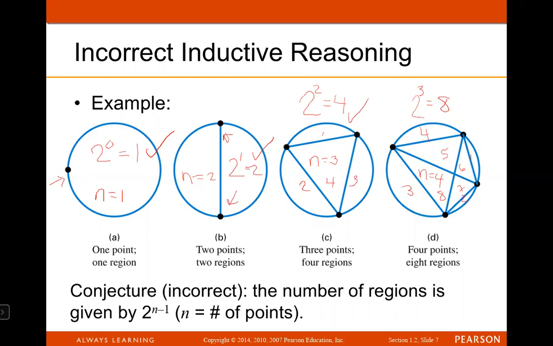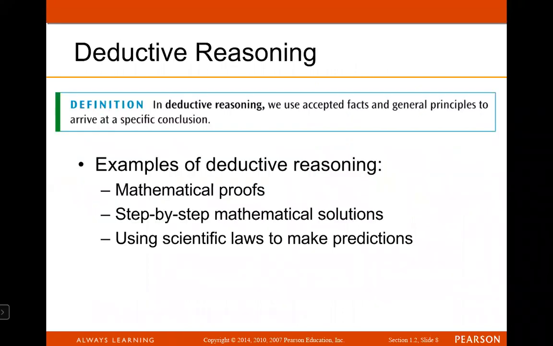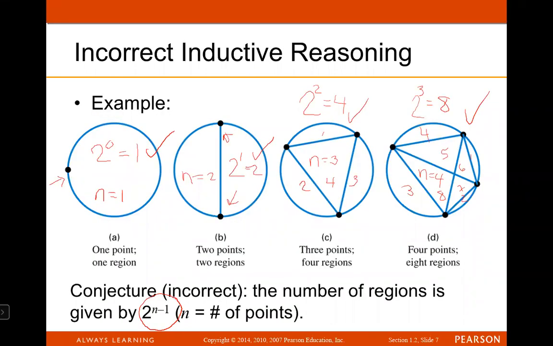So yeah, that looks like a pretty good guess at what's going on. It seems like we get 2 to the n minus 1 regions, where n is the number of points. Oh, they don't show us it failing. I guess we have to come up with the failing one.